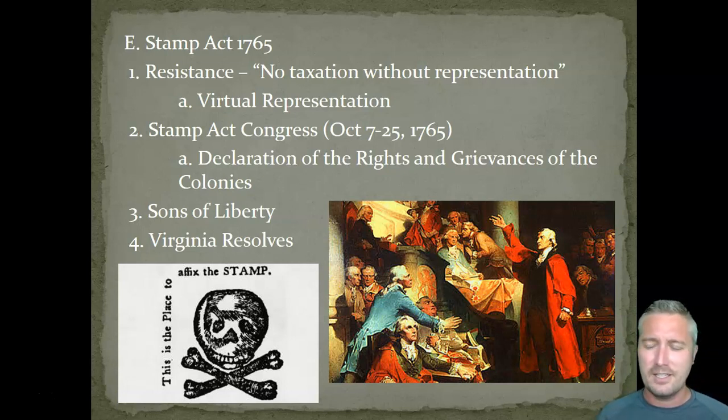This is not only annoying that you have to get this official stamp, but think about how often we actually use paper products, and the same thing was true back then. This included newspapers, this included playing cards, anything that was printed on paper had to have an official stamp, and you had to pay for that. And of course, all those taxes had to be paid in British currency.